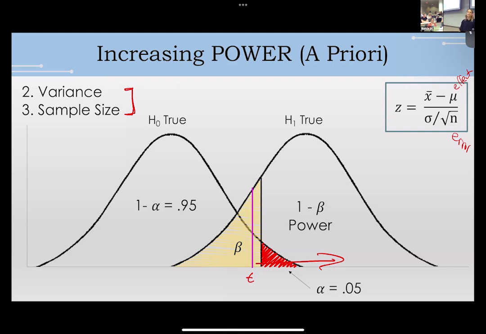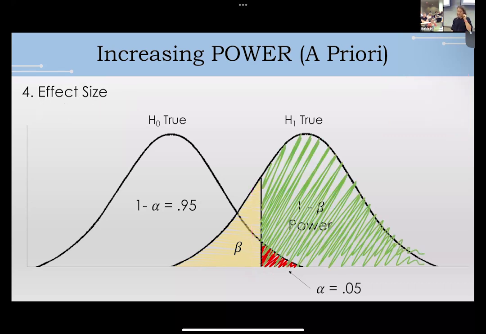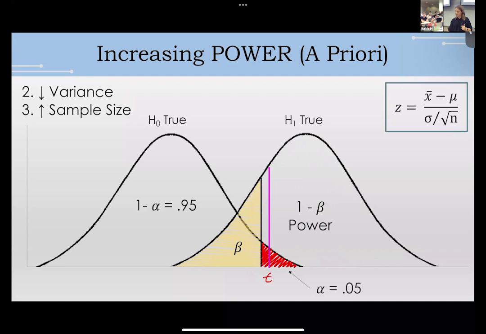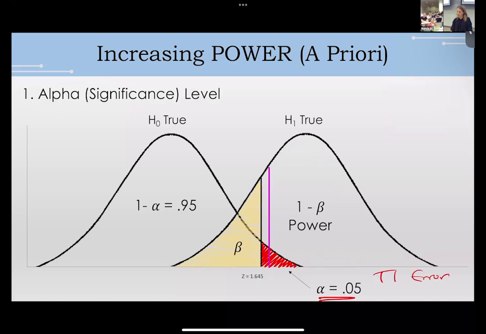Some people give rules for how to do that. You should always just do this for psychology. I have to look and see, for the phenomenon I'm studying, what is the general effect size we usually get. So decrease variance, increase sample size. And then the last one is, right, if we think about the ratio, number one is easy. That's move the criteria. You're really only doing two big picture things.